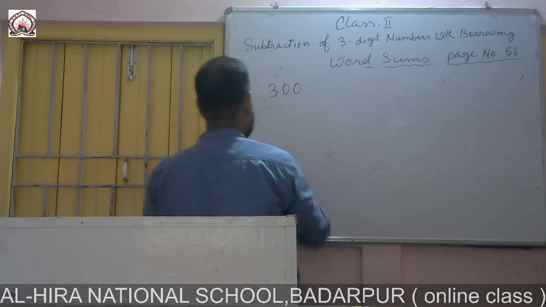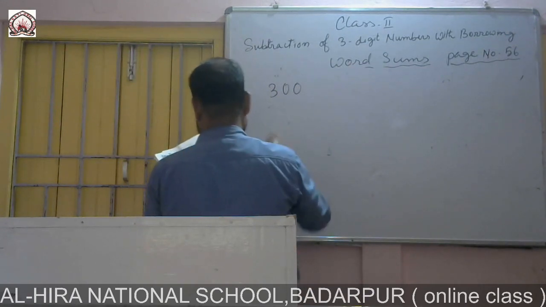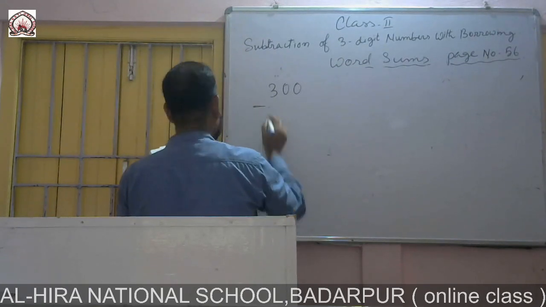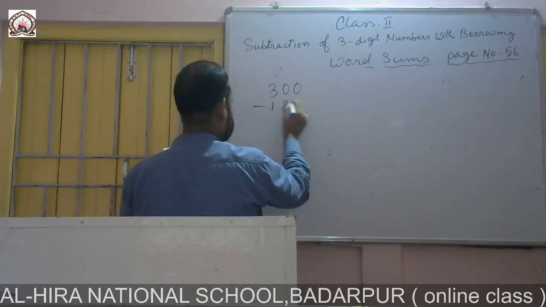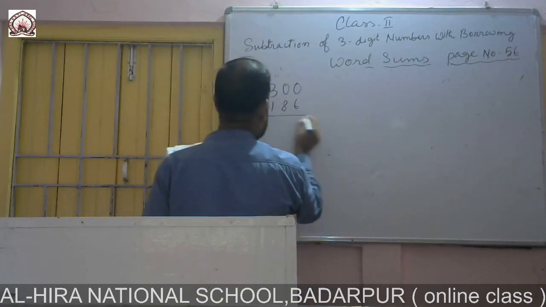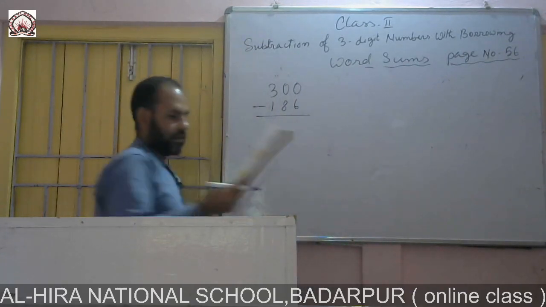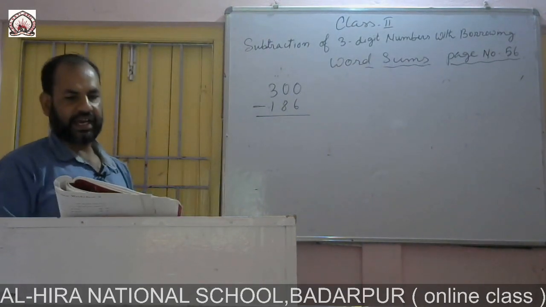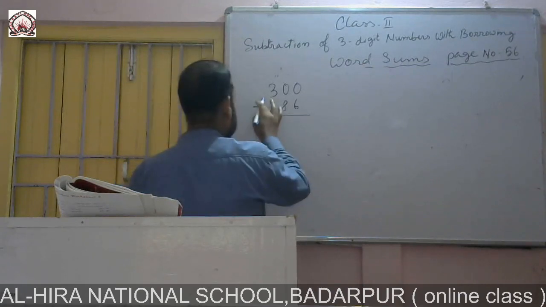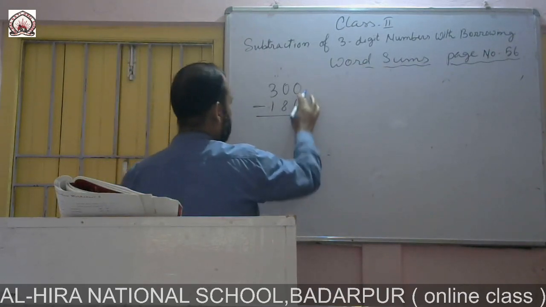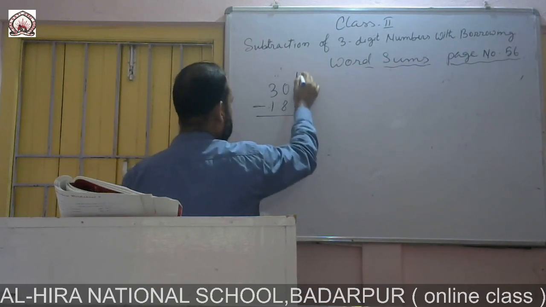Out of 300 seats, 186 people are there, and we take out how many seats are empty. So we do minus. 0 minus 6 can't, then borrow 1, then there is 10.